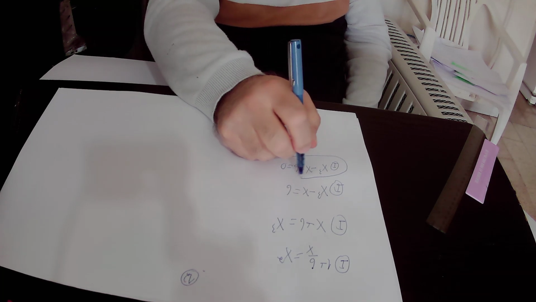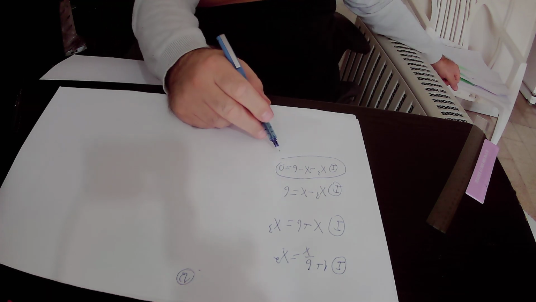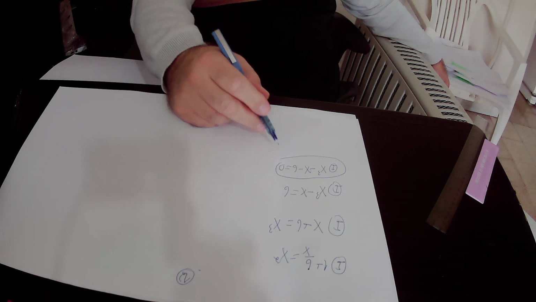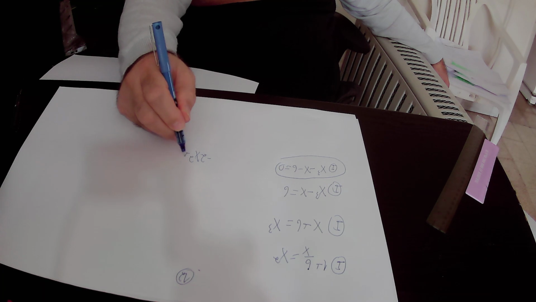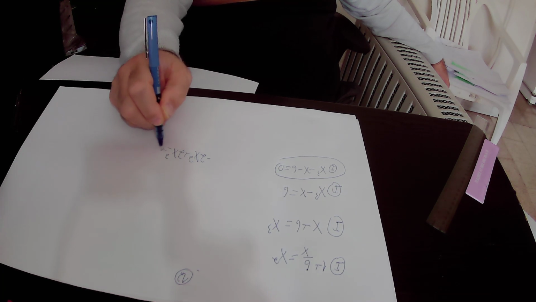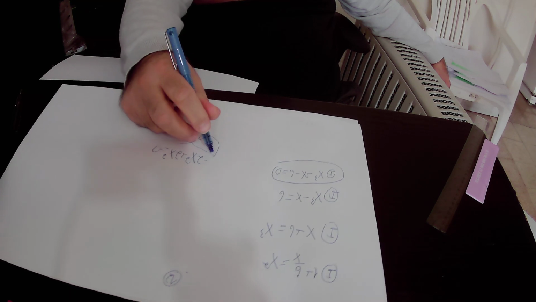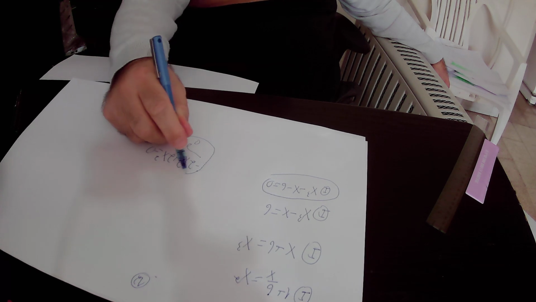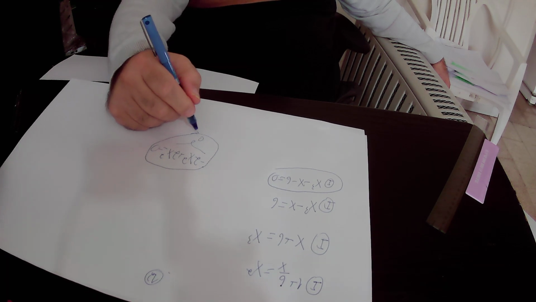So here we will add 0 to this equation. Actually 0 is minus 2x squared plus 2x squared equals 0. So we can add 0 to any equation. So we will add minus 2x plus 2x, that is 0 actually.